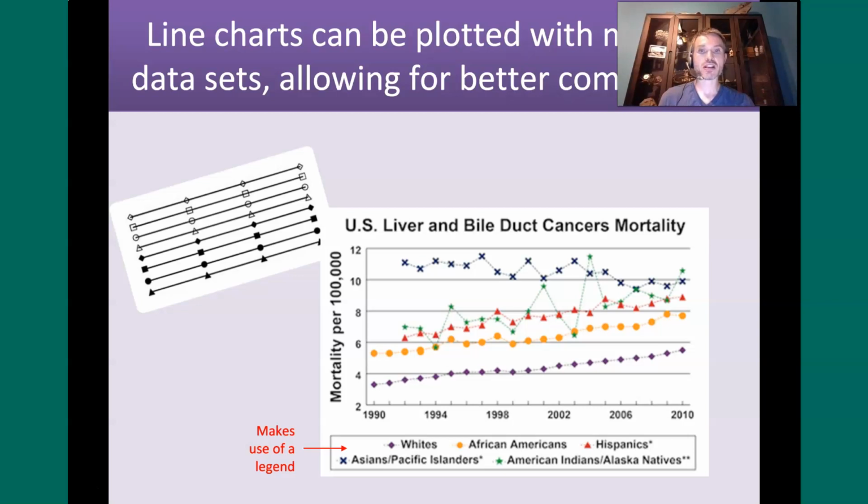So as you can see on the graph here, I have multiple data points, but you're able to distinguish the different data points based upon the color as well as the symbol. So X's or squares or circles. This may be something you'd be required to do on an AP exam. But remember, on an AP exam, you're only allowed to use a pen. So you can't use different colors. So different shapes is your best bet to do.